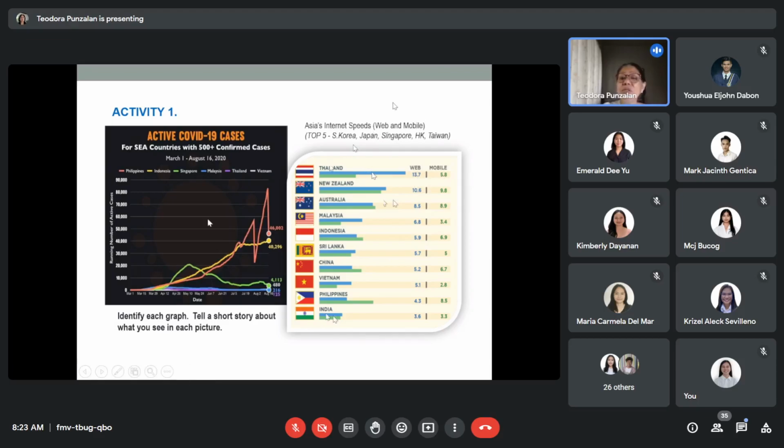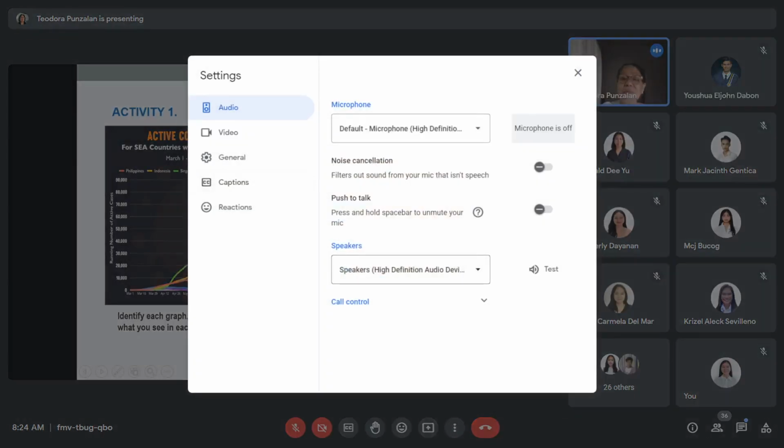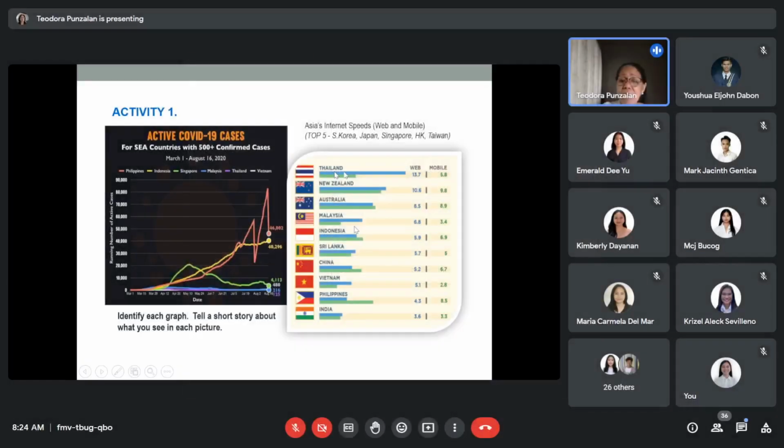So the one in bluish color is probably the web, no? And then the one in greenish is for mobile. So look. Okay, and then you can do a comparison about the web and mobile. You can talk about which countries, other than the top five, have the fastest web speed or fastest mobile speed. Okay? So there's a lot you can talk about here.